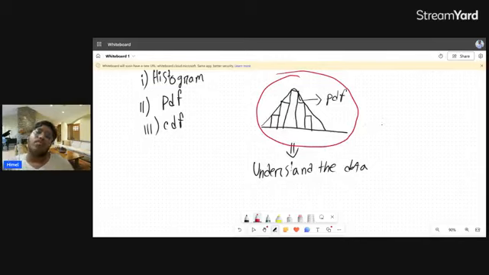Let's say you are a market analyst or a data analyst. You want to share the percentage of people who need this bag. Let's say this is a bag from you.